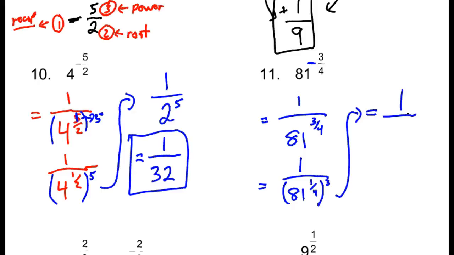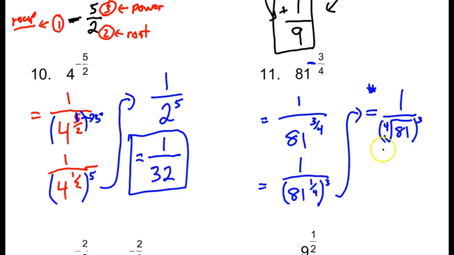Figure out what is 81 to the 1/4, or what is the 4th root of 81. Same thing. Optional step is to actually write it in root form. You can write it like this if you like, and raise that to the 3rd power if that helps. Okay, it's the same thing.